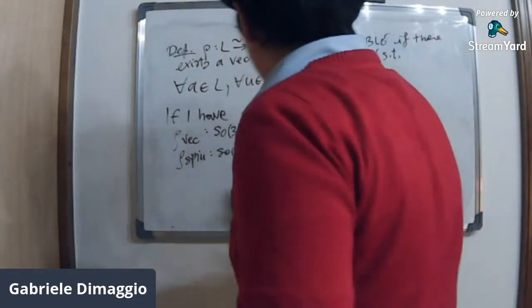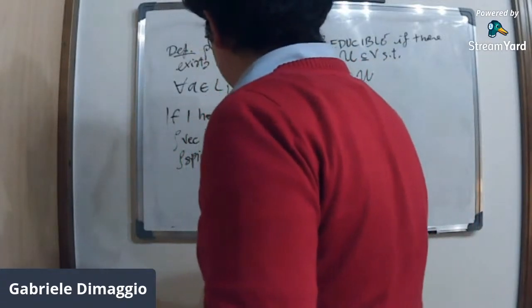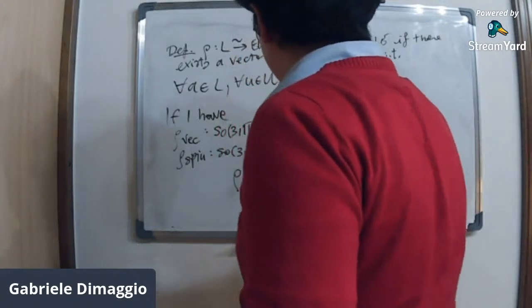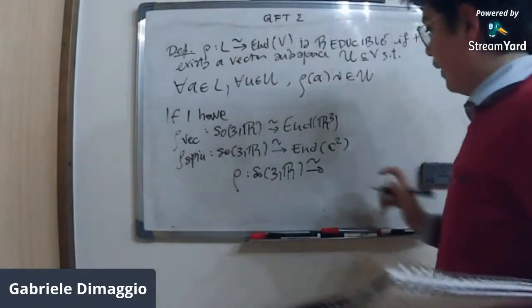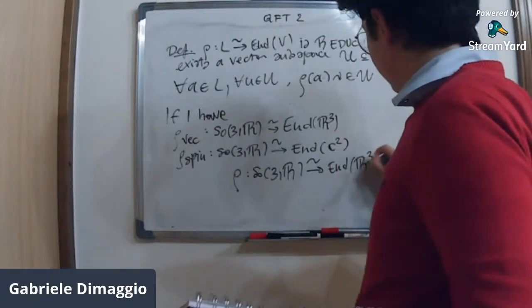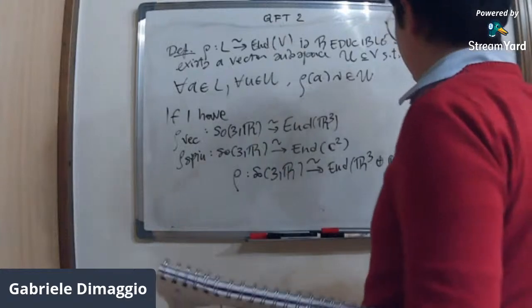Okay, rho is of this kind: I have endomorphisms over R3 direct sum C squared.